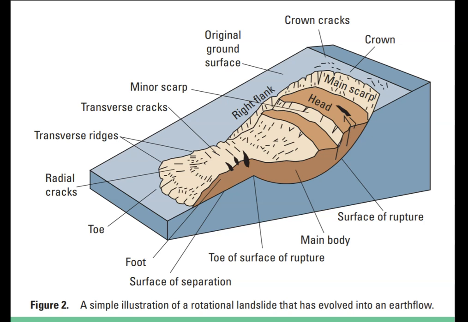A landslide happens along a surface of rupture. It's either a curved surface or a planar surface. And much of the material moves as a coherent or semi-coherent mass, and you don't get a lot of deformation within the body itself.